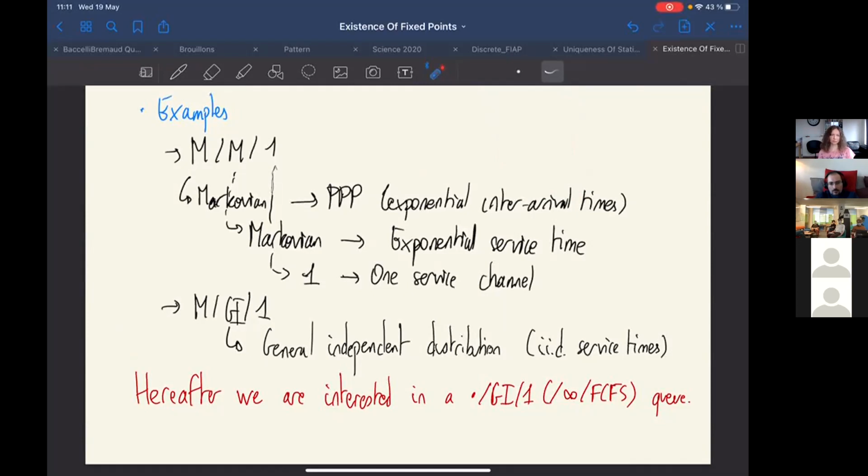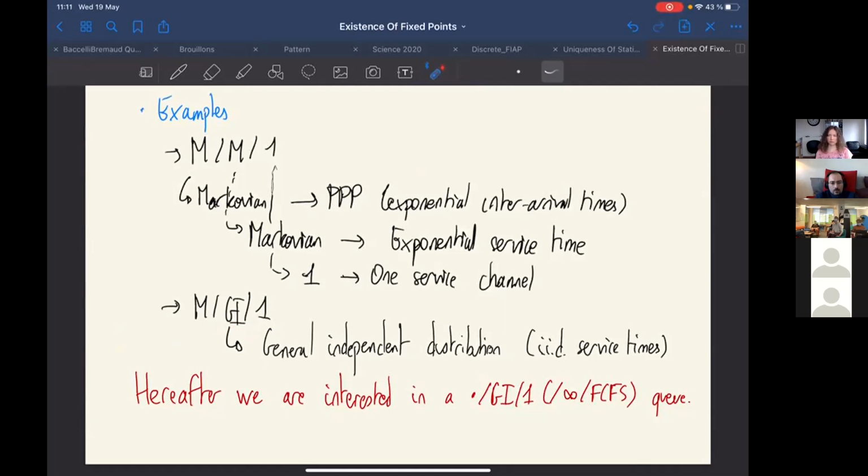Another example, which will be of great importance to us here, is the G/GI/1 queue. The GI refers to a general independent distribution. So basically all the service times in the queue are i.i.d., and we don't say more about it. It doesn't have to be exponential, or Poisson or whatever.